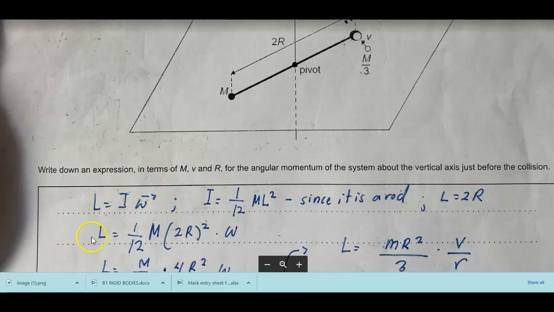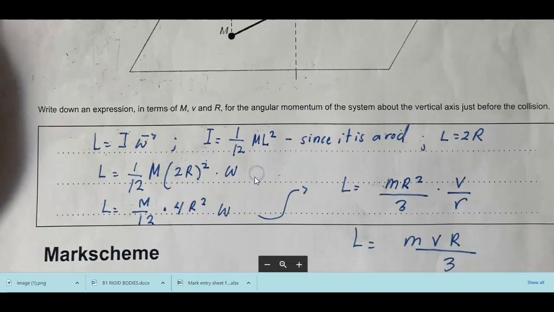Now, following the formula, L is equal to I omega, L is equal to 1 over 12 ml squared. We substitute 2R to L squared, thus becomes 2R squared times omega. Simplifying, this gives us L is equal to m over 12 times 4r squared omega. Now, what is omega?